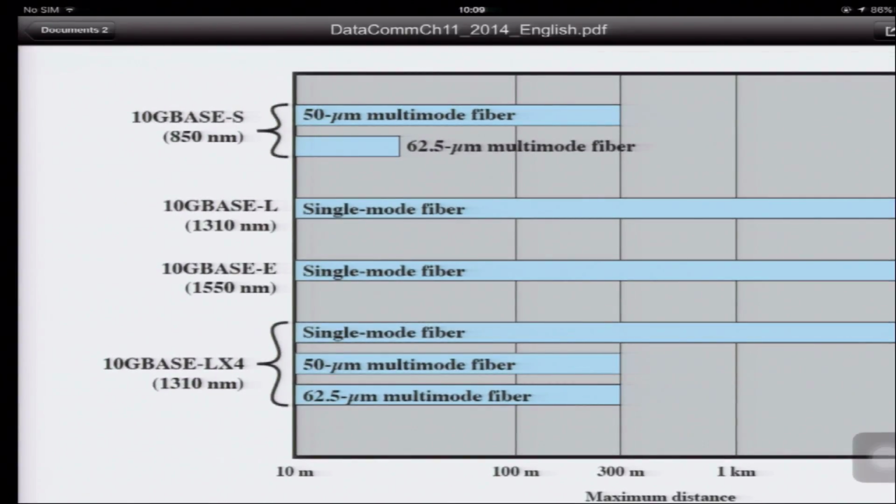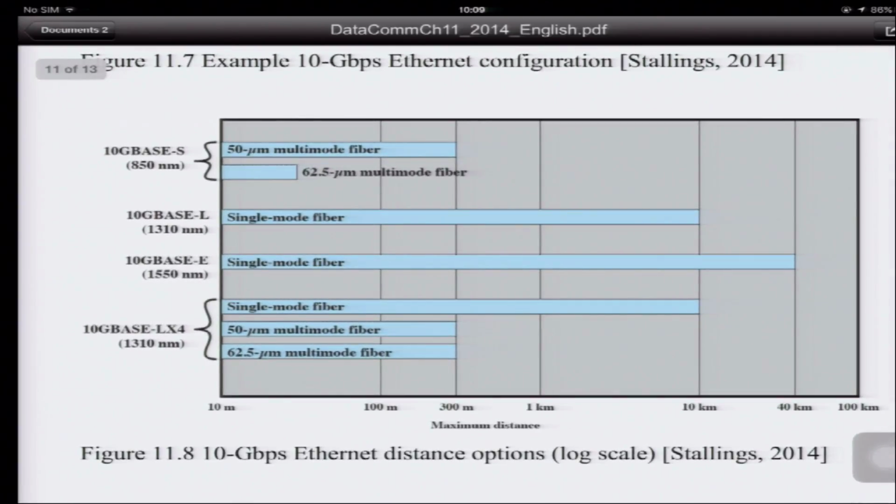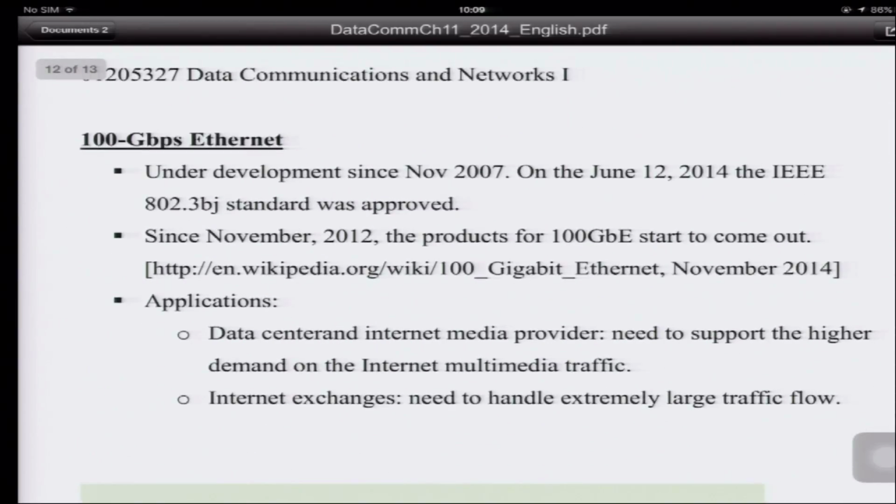The suffixes SR, LR, ER, LX4 are specs for different physical media. Now the 100 gigabit per sec Ethernet. This was under development since November 2007, so this is a newer standard.